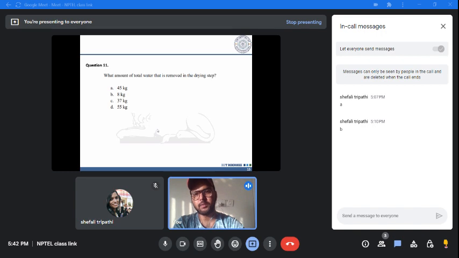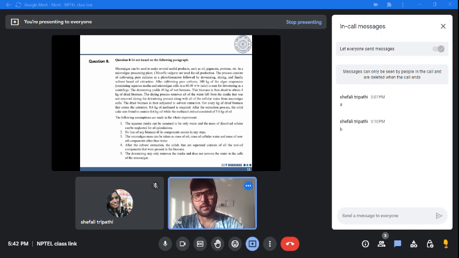Okay, what amount of the total water is removed in the drying step? The biomass is then dried to obtain 8 kg of dried biomass.